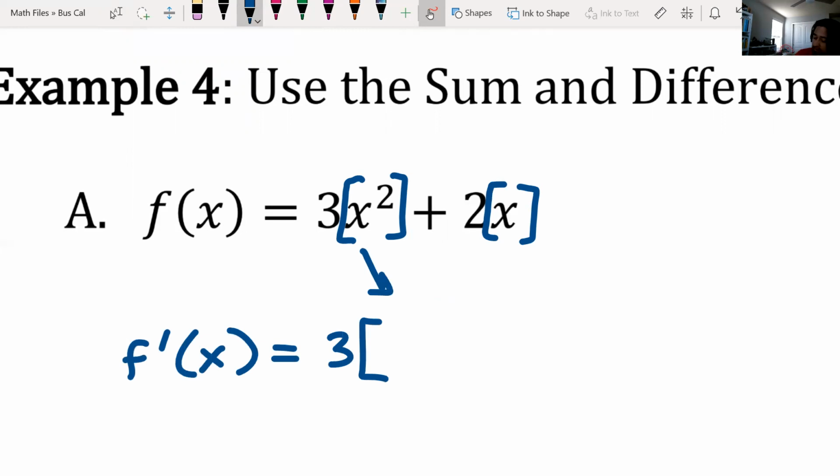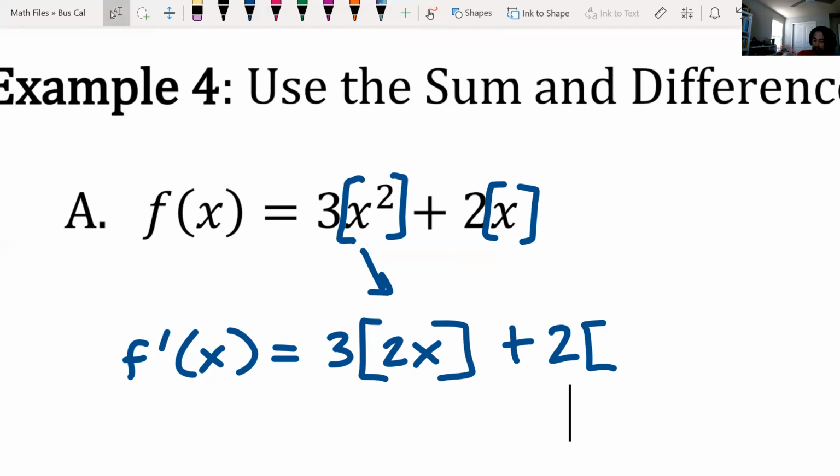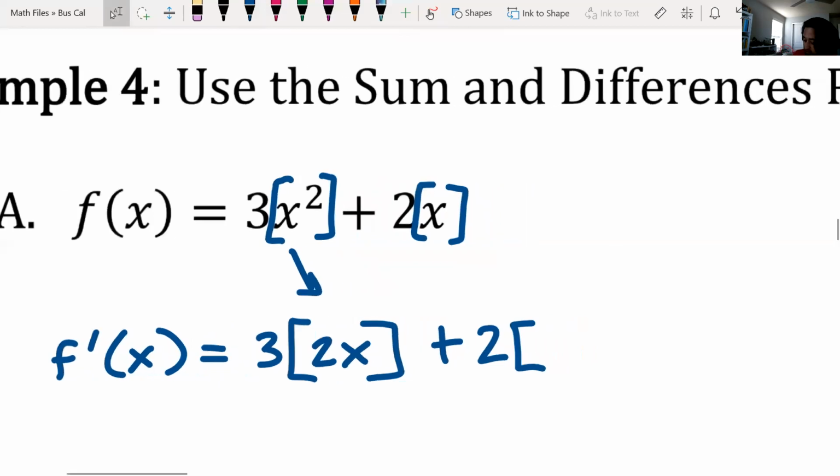And what's the derivative of x squared? 2x, good. Plus 2 times, what is the derivative of x?